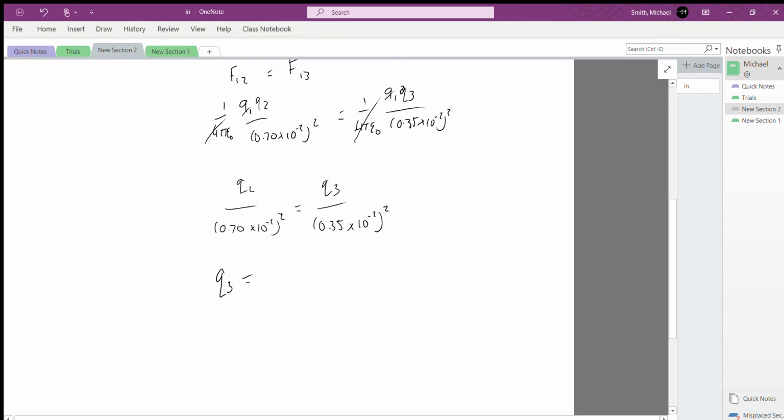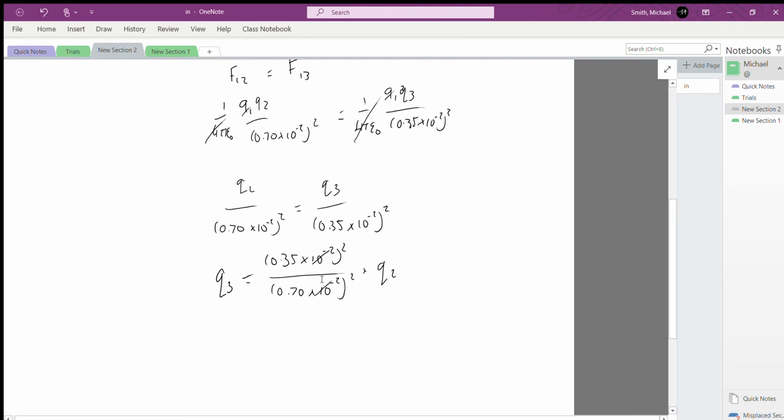Therefore, we can write an expression for Q3 pretty easily. So Q3 will be equal to 0.35 times 10 to the minus 2 squared on 0.7 times 10 to the minus 2 squared multiplied by Q2. Now here, since we have the same units at the top and bottom of this fraction, we can just cancel those out.